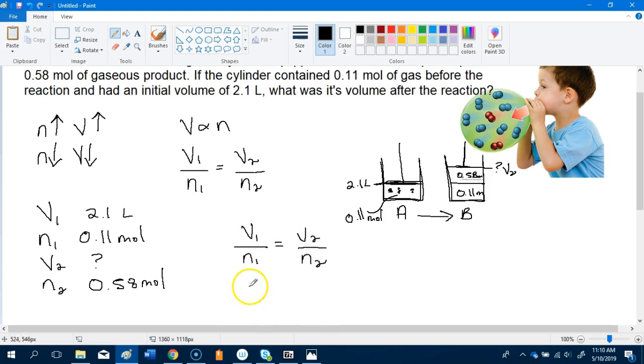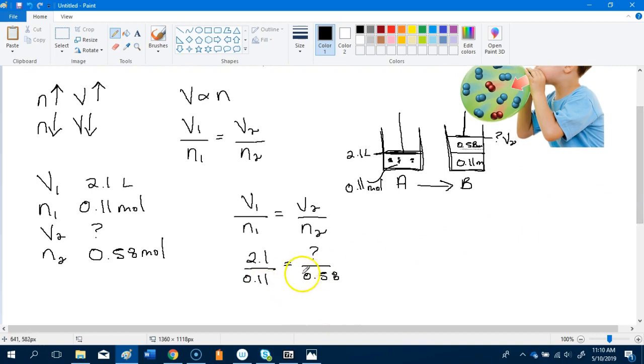Volume 1 is 2.1 liters, and we can keep that as is because it's already in liters, over 0.11 moles. We don't know what V2 is, but we know that N2 is 0.58. That's how much gas is produced. 0.11 moles is how much we started with, and 0.58 is how much gas is produced by that reaction. We're solving for V2, so we need to isolate the final volume.